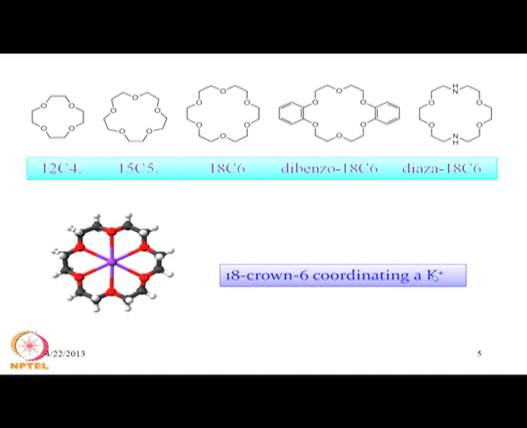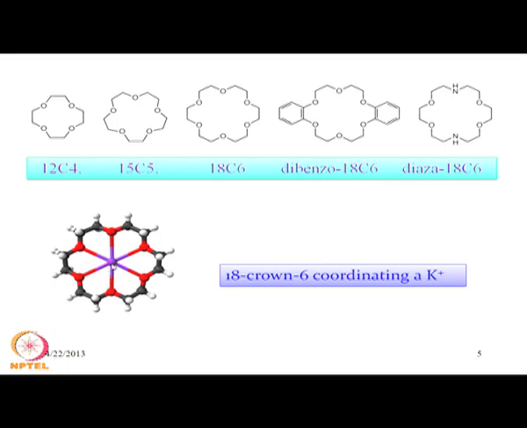So, when potassium ion is coordinating with 18 crown 6, we have this particular one which is 18 crown 6. So, potassium is sitting over here and 6 oxygen atoms are binding to this particular potassium, because this cavity size is matching very much with that of our potassium ion.